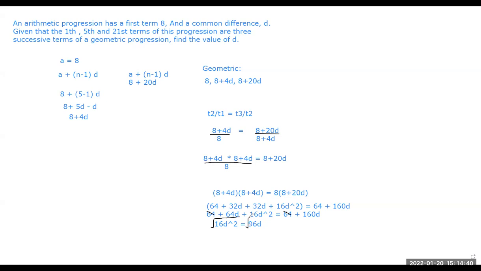You sure you want to square root both sides? You can't square root both sides yet. You have d squared and you have d. So that looks like a what? When you have an equation with x squared and x, it's resembling a quadratic, isn't it? Yes, sir. You need to factorize.